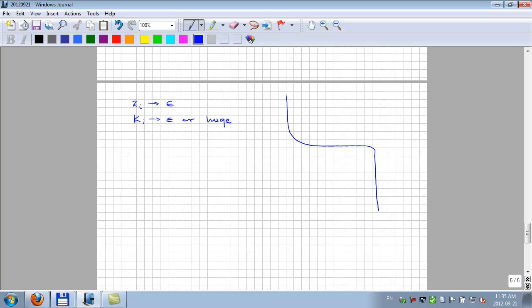And the zero line might be here. So what you see is that the solution you're looking for is here.